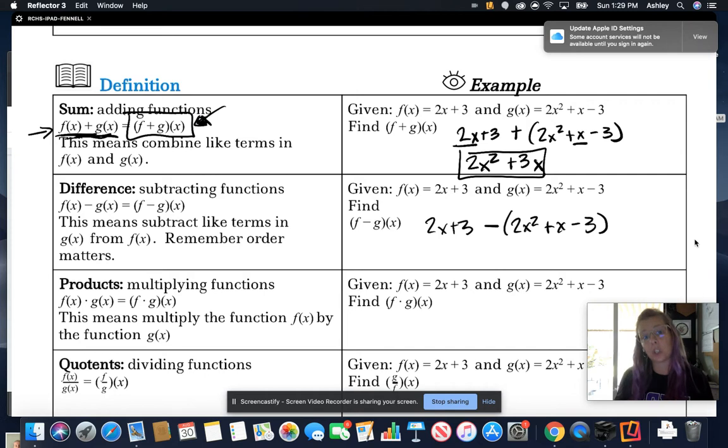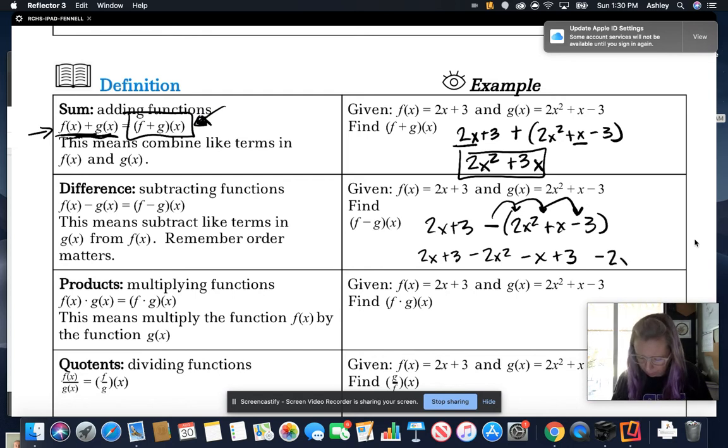So every single term inside those parentheses we need to subtract. So I highly recommend you just distribute that -1 or that subtraction to every term inside so you don't accidentally make a mistake. So I'm just going to rewrite it as 2x plus 3 minus 2x squared minus x plus 3. Then I'm simply going to combine like terms like the last problem.